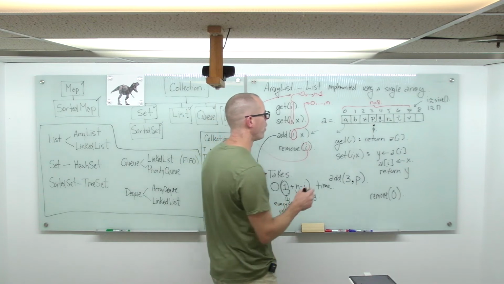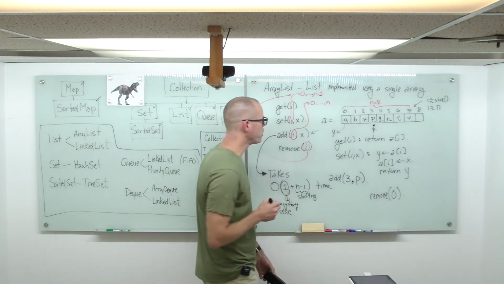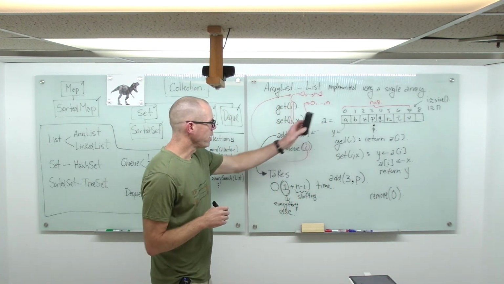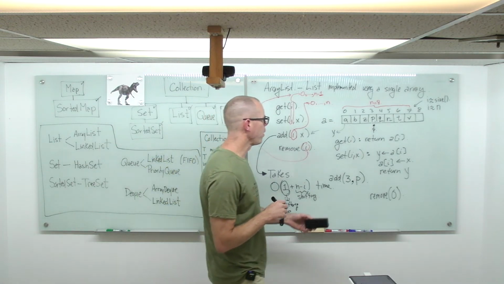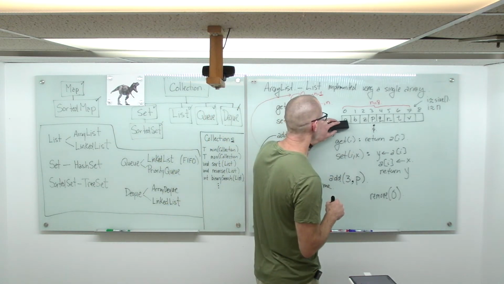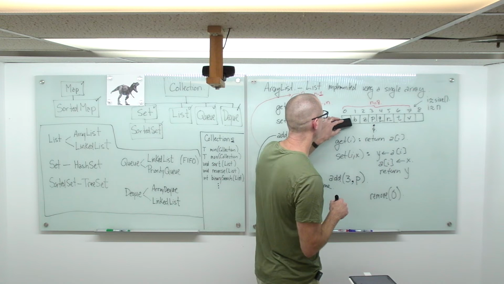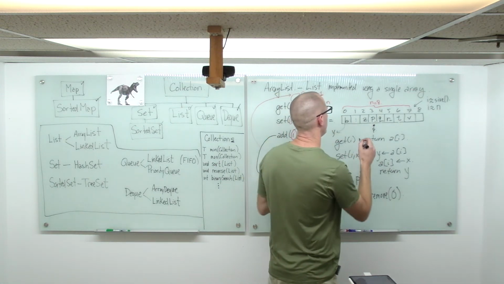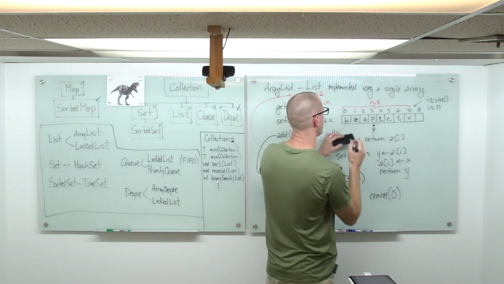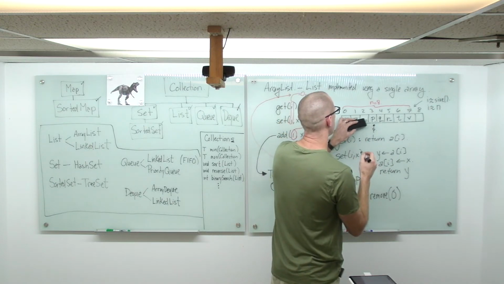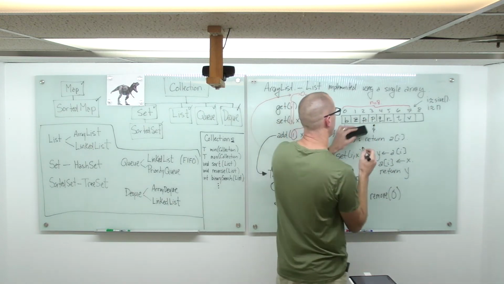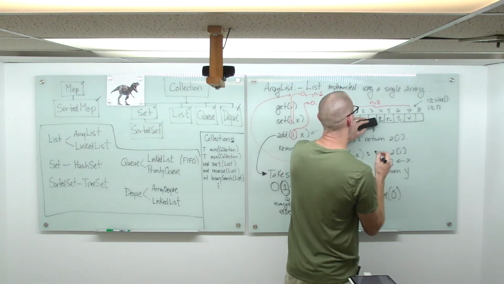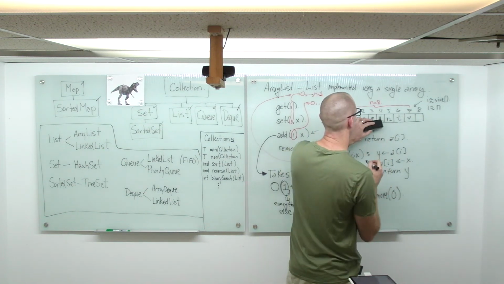You first store the value of A because you're going to need to return it. Store that in some variable called, let's say, y, and then start your shifting where you copy B to position 0. And then whatever's at position 2 to position 1. And whatever's at position 3 to position 2. Whatever's at position 4 to position 3.